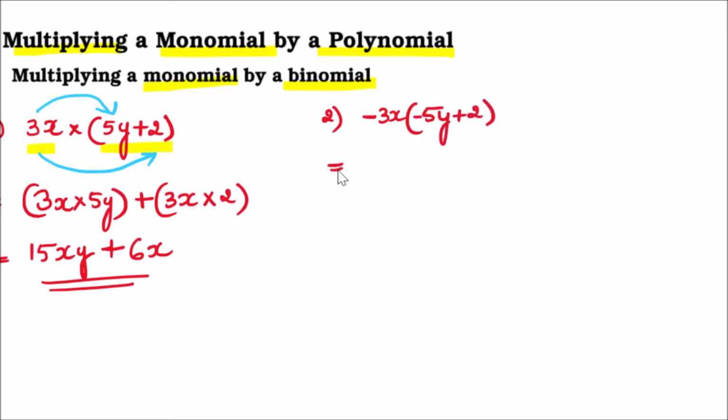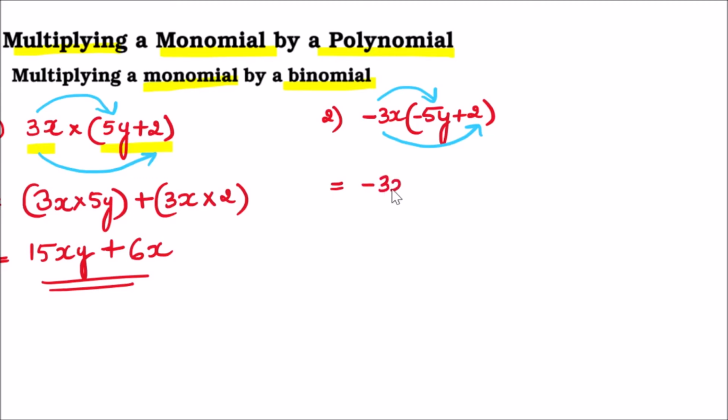If a monomial is multiplied by a binomial, the first thing we'll do, 3x will be multiplied by this 5y and also 3x will be multiplied with this 2. Okay, this will be distributed. So now 3x is a good friend. Okay, so he is going to share his tiffin box with minus 5y and also with 2. Okay, he is a very good friend of both 5y and 2.